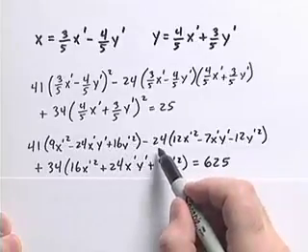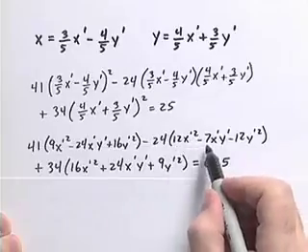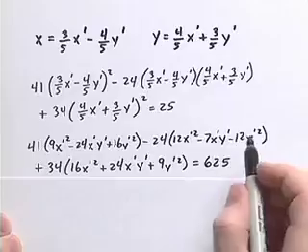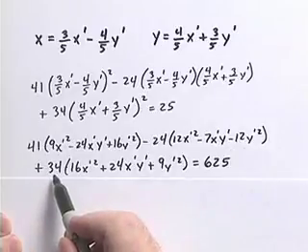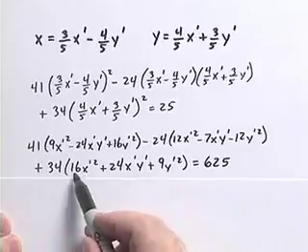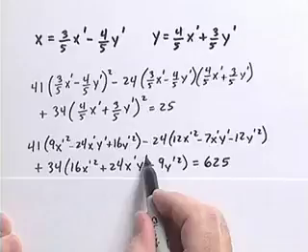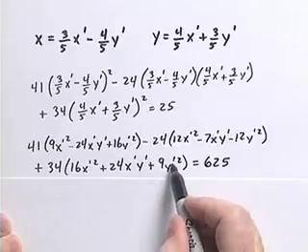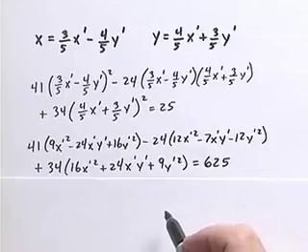Then here we'll have minus 24 times, in parentheses, 12x prime squared minus 7x prime y prime minus 12y prime squared, plus 34 times, in parentheses, 16x prime squared plus 24x prime y prime plus 9y prime squared, and then all of that's going to be equal to 625.